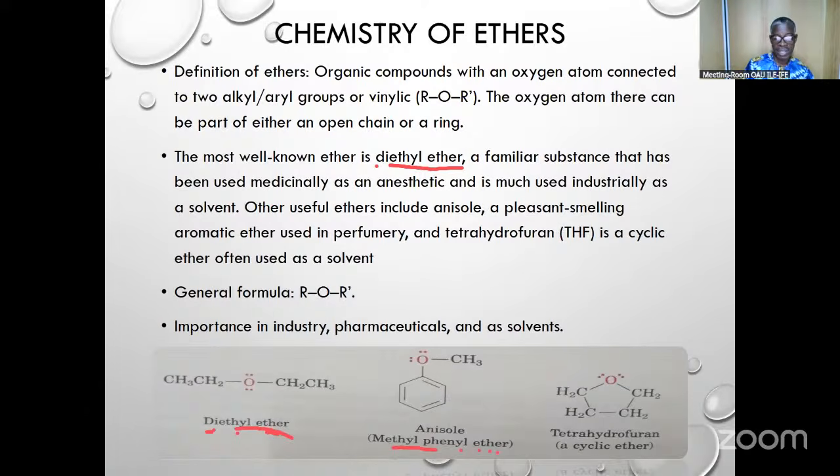Anisole is methylphenyl ether, where one of the hydrogens of water has been replaced with a methyl group and the other one by a benzene or a phenyl group. One of the most important cyclic ethers is tetrahydrofuran, widely known as THF.